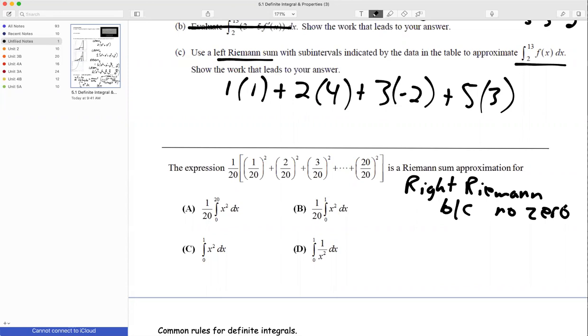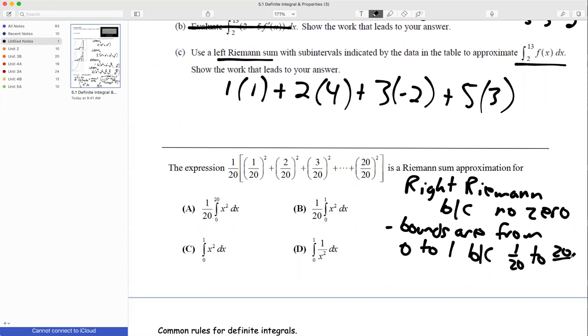And the first value here would be 0 if this were a left Riemann sum. But since this is a right Riemann sum, it starts with the 1 over 20. So I would agree with that. So the bounds are from 0 to 1 because it begins with 1 over 20 and it goes to 20 over 20.